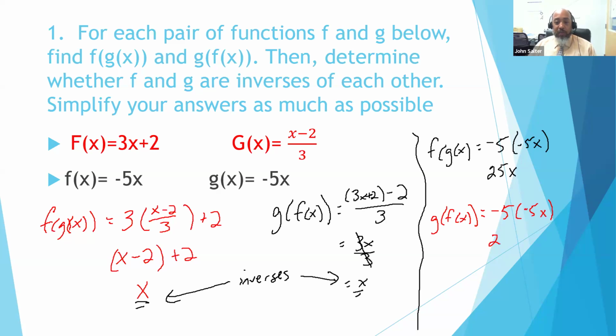Simplifying, I get positive 25x. Notice here that they are both the same value, but those values are 25x, not just x. So these two are not inverses. They have to be equal and equal to x. All right.